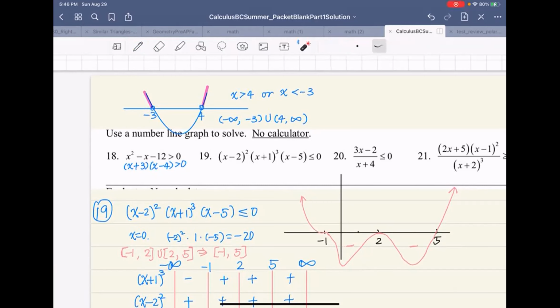So I'm going to ask you to look at number 19. I'm going to erase my work here.